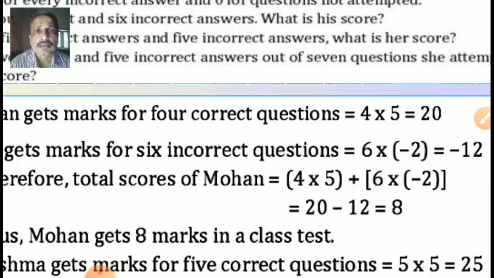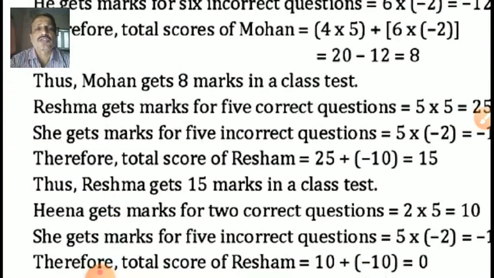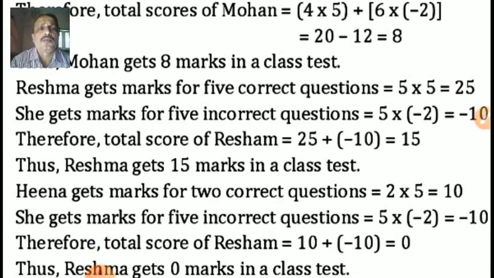Now regarding case number 2. Yes, Reshma's case is here. She gave 5 correct answers. So 5 fives are 25. Correct. And she gave 5 incorrect answers.